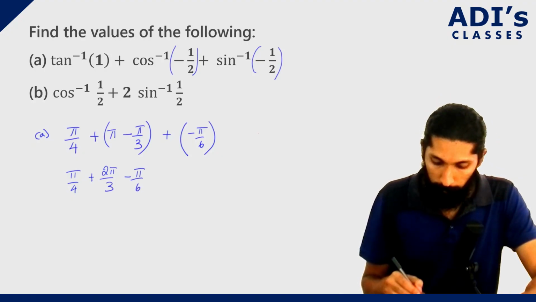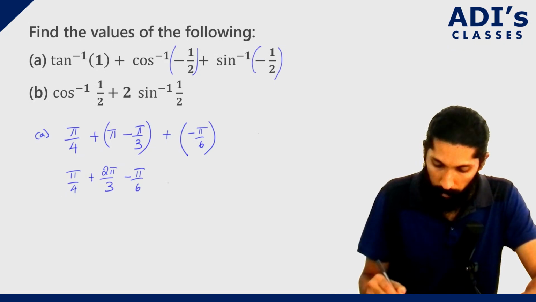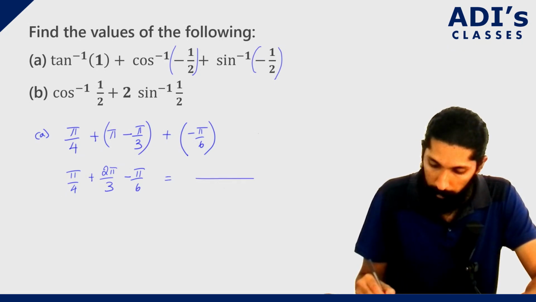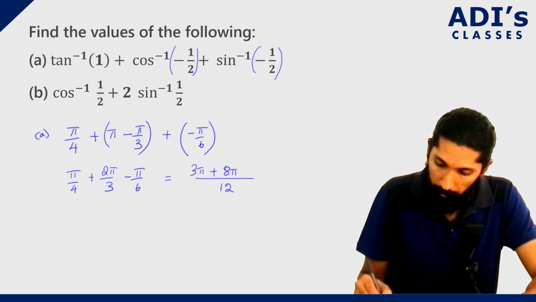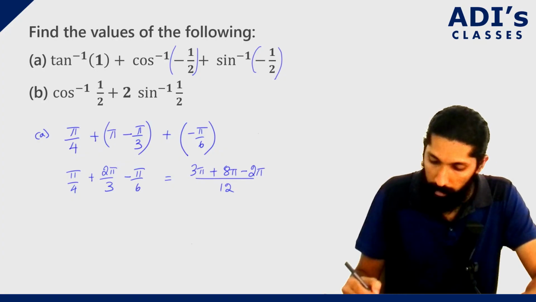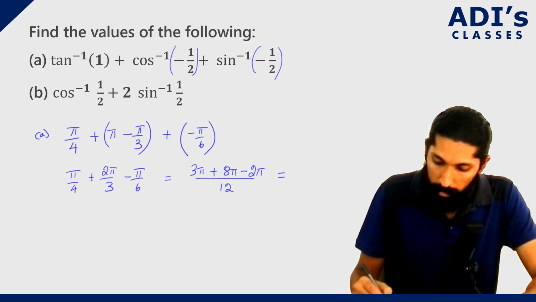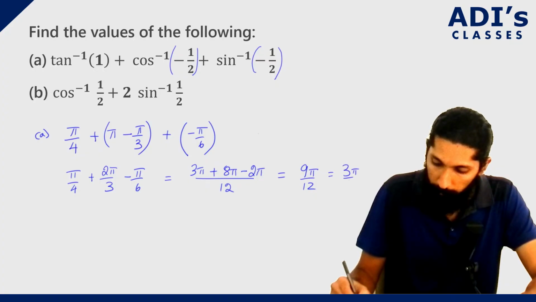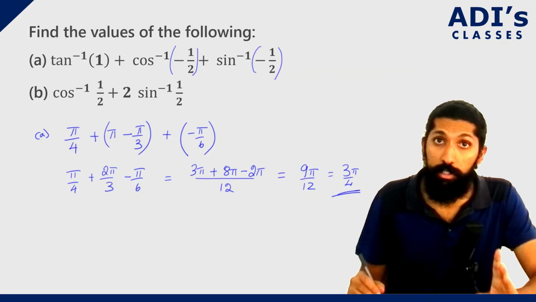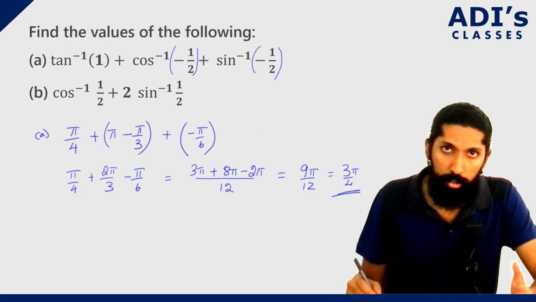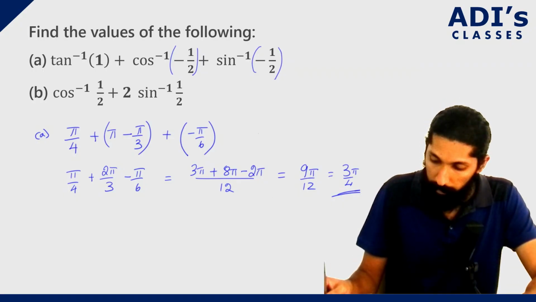Now for 4, 3 and 6, you have to take the LCM. 12 will be the LCM. You will get 3 pi plus 8 pi minus 2 pi. This is going to become 6 plus 3 is 9, 9 pi by 12 or 3 pi by 4. This is going to be the answer for the first part, question A. Let's do the same thing for the next one.